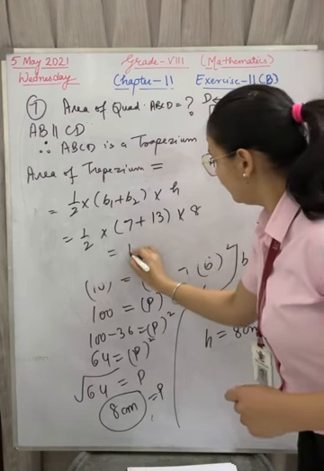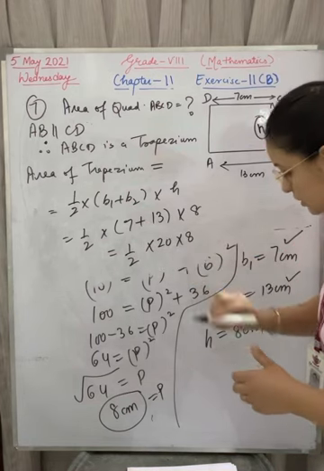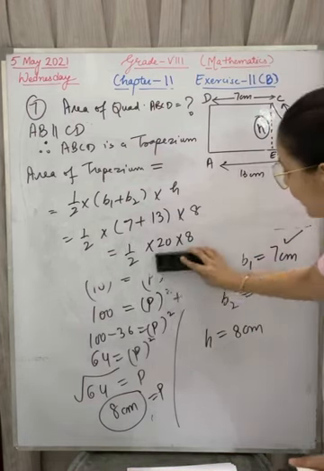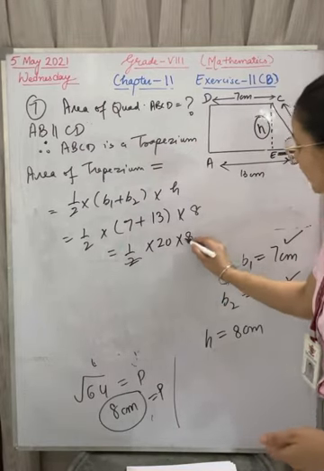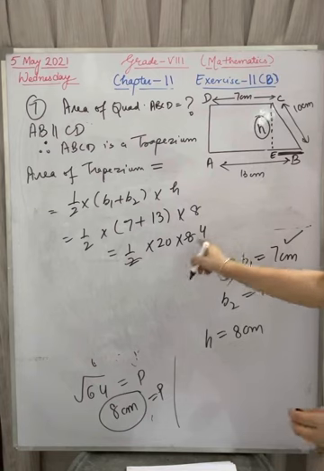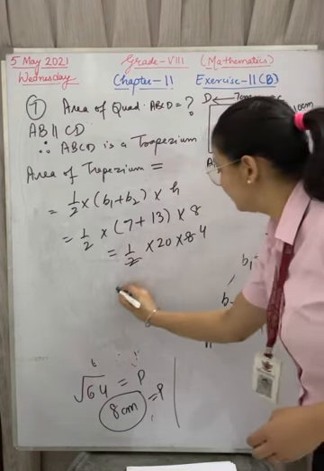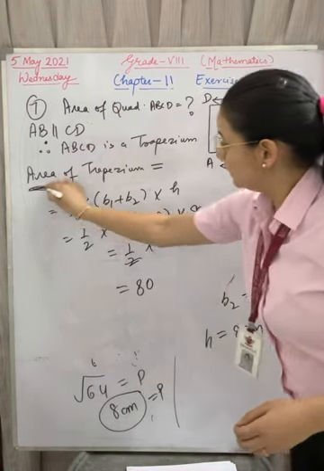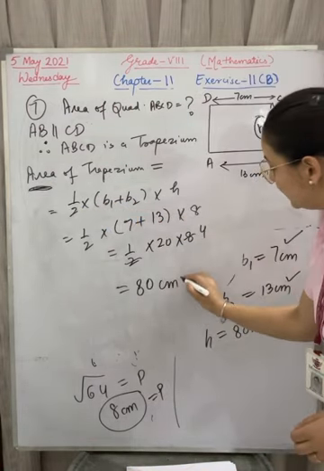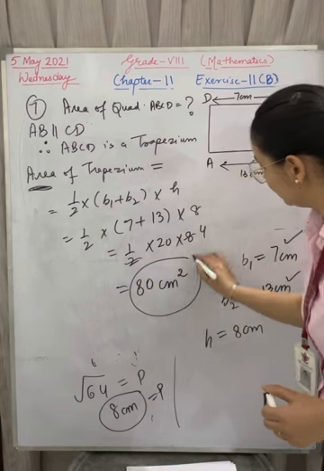So now 1 by 2 times 7 plus 13, which is 20, multiplied by 8. Cancel 2 with 20 or 2 with 8. 2 4s are 8 and 4 into 20 is 80. So you have taken out the area, and the unit will be 80 centimeter square. This is your answer.